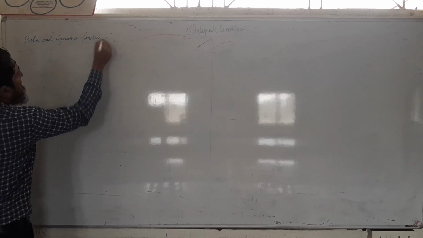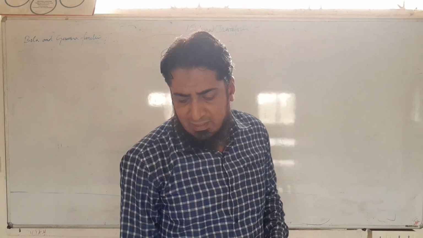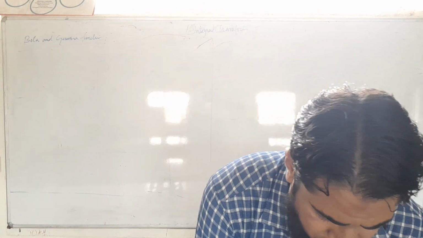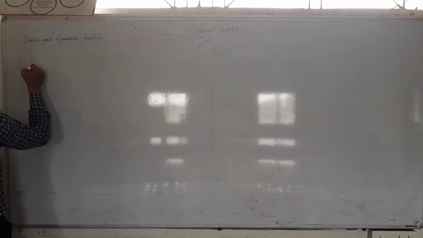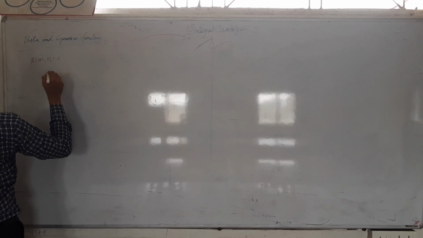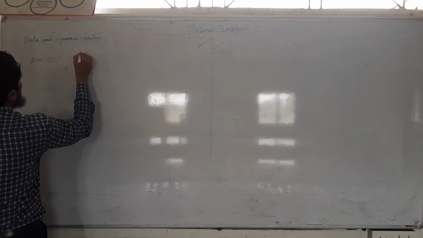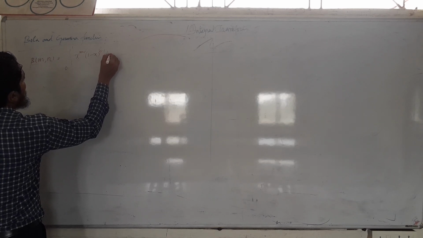We have seen the definition of the beta function and the gamma function. We consider the beta function as a two-variable function, with variables m and n, defined as the integration from 0 to 1 of x raised to m minus 1 times (1 minus x) raised to n minus 1 dx.